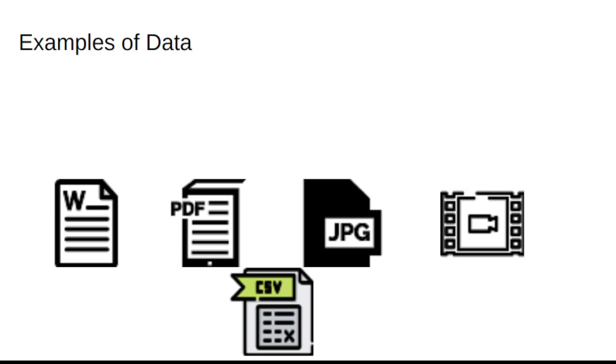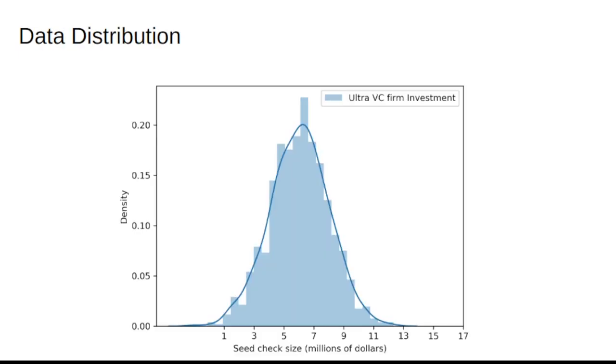Another important word to know about when talking about generative AI and data is that of a distribution. We see here a distribution of seed check size in millions of dollars by the Ultra VC investment firm. You can see this follows a somewhat normal distribution. Maybe the middle is around $6 or $7 million for a seed check.